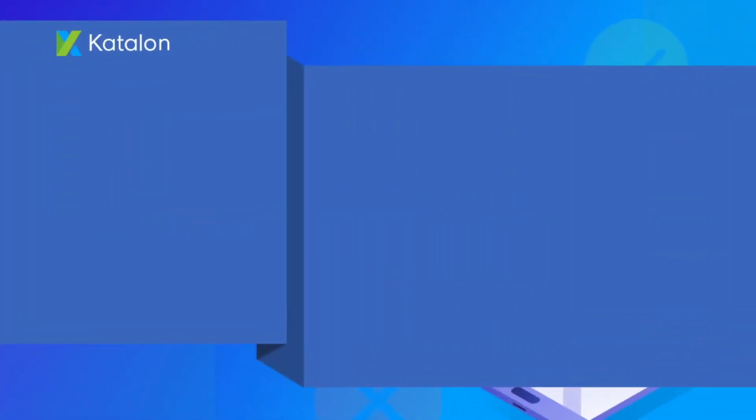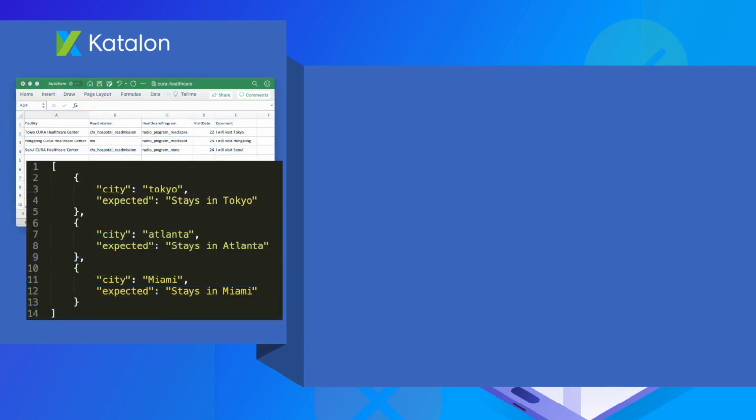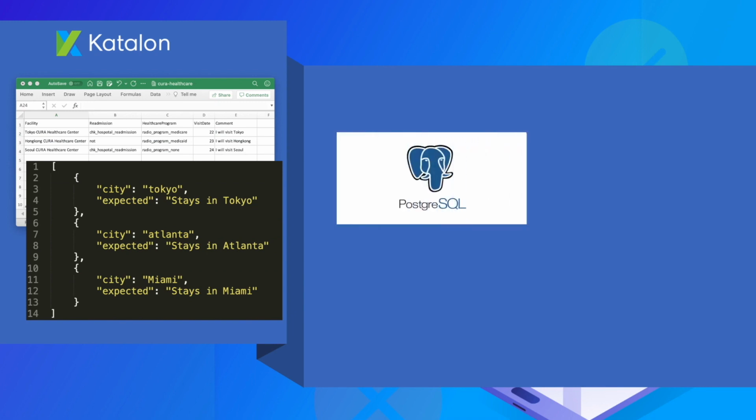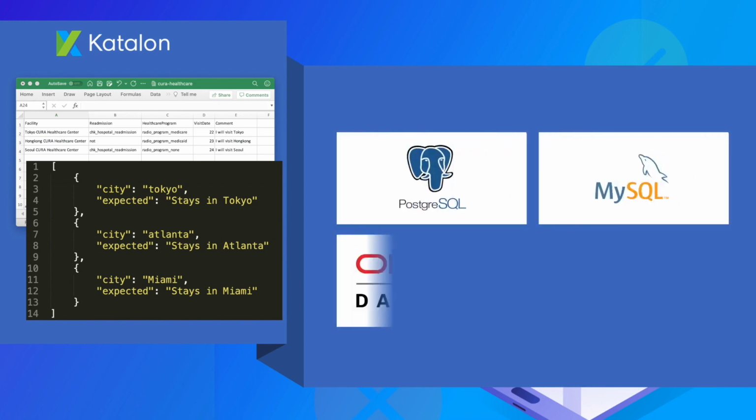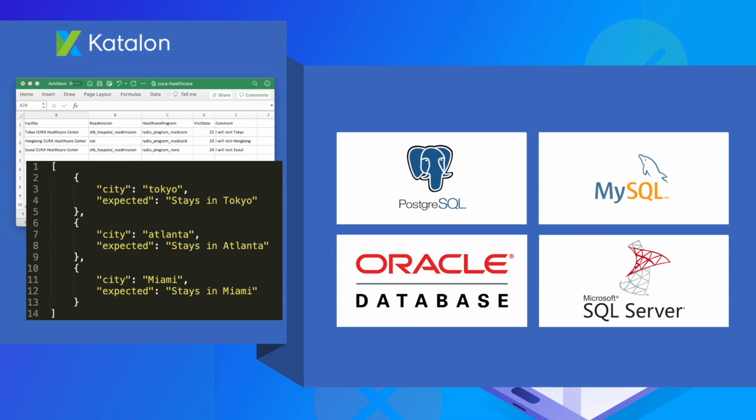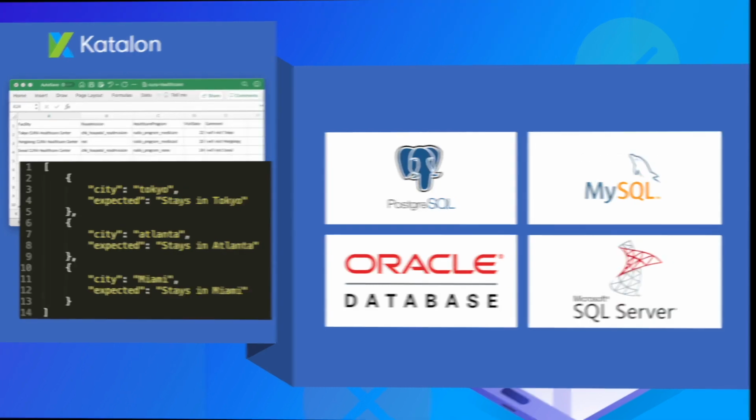For data-driven testing, Catalog Studio supports various types of data files to which you can bind variables, including internal data in Catalog Studio, external data files such as Microsoft Excel or CSV files, and any Java Database Connectivity, also known as JDBC, sources like PostgreSQL, MySQL, Oracle, and Microsoft SQL Server.